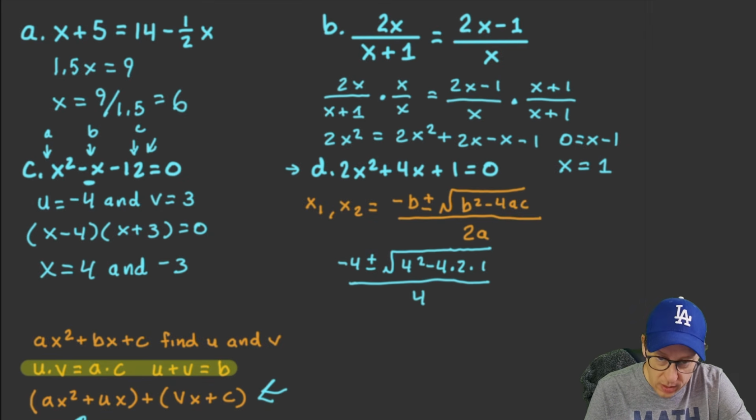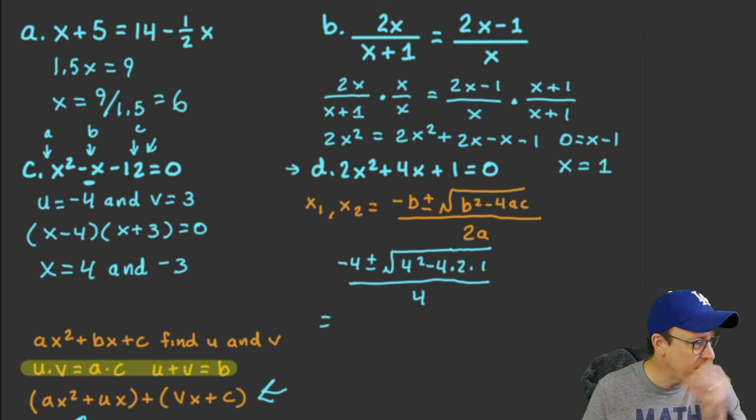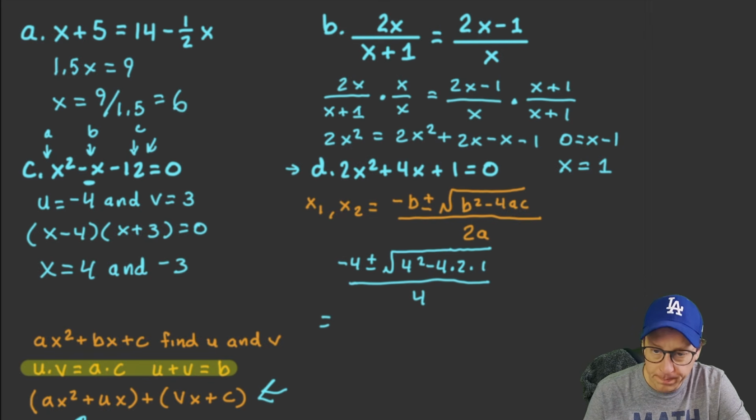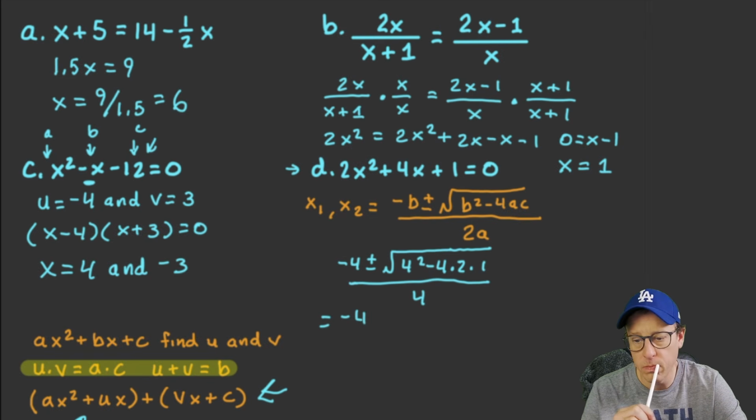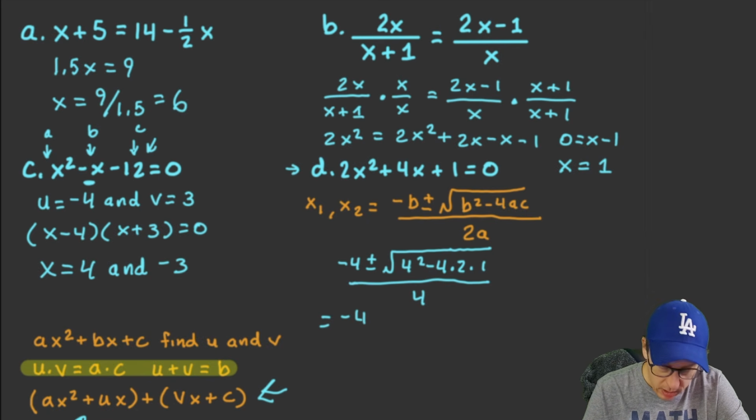I'm trying to figure out if I can abbreviate this in any way to keep everything on the screen at the same time. What is the simplest way to do this? -4 plus or minus 2 square root of 2, over 4.